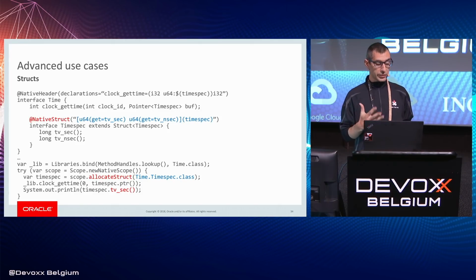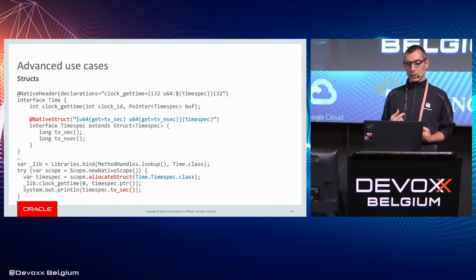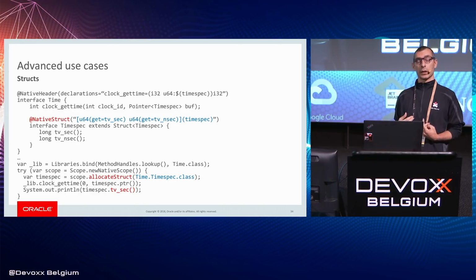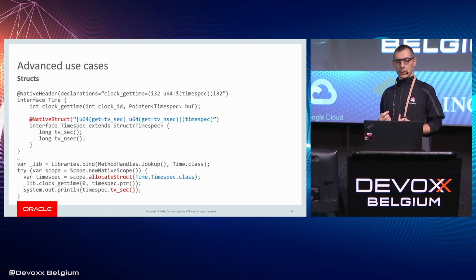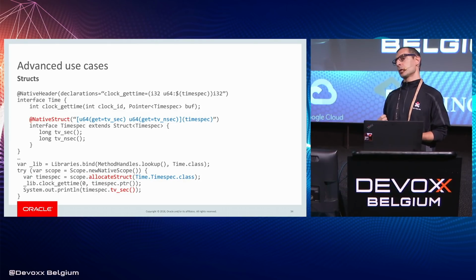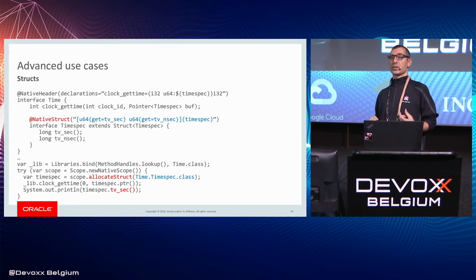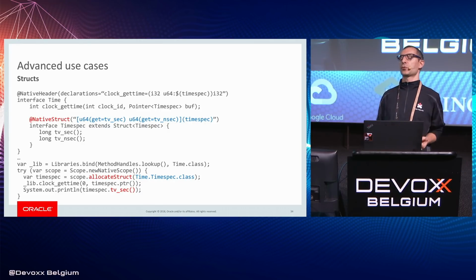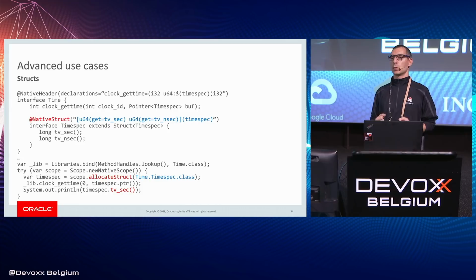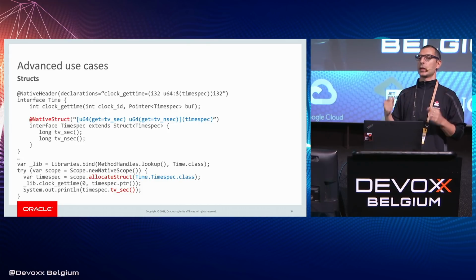So this is an example with structs. It's the same example that Mark showed earlier. We have the clock_gettime function, and that takes a pointer to a timespec struct. The timespec struct is modeled as an interface. This interface has an annotation called NativeStruct, which again takes some DSL describing the layout, that is the machine-dependent layout for that particular struct.